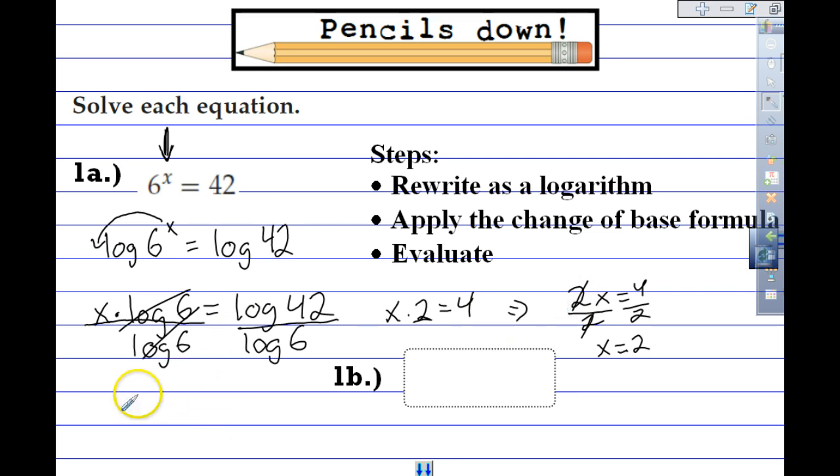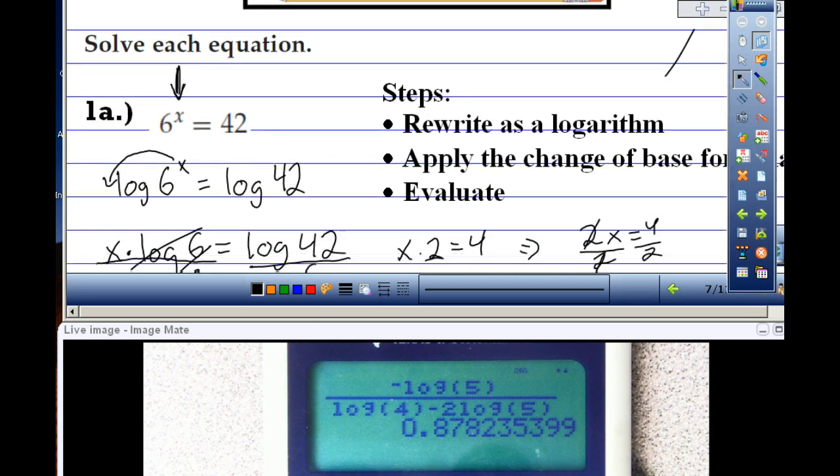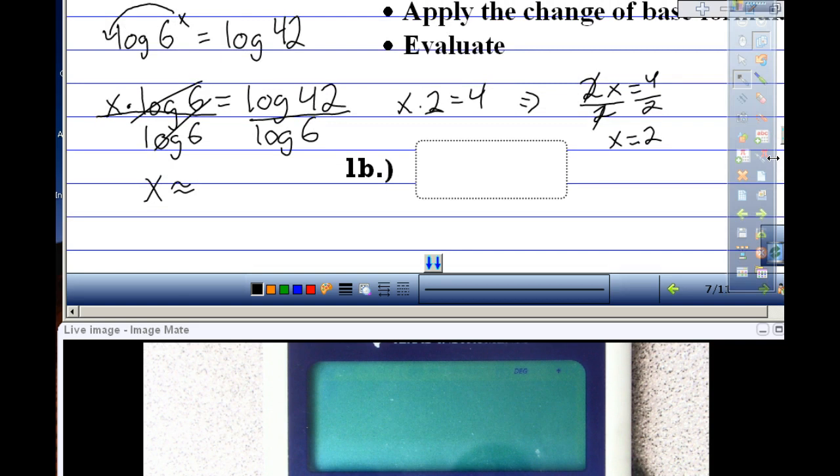And of course, from this point on, it's an approximation. You put this in your calculator, log 42 divided by log 6. You do not need the base. Okay, you do not need the base. And you'll get your decimal. Let's see if I can approximate it. Let me clear mine.